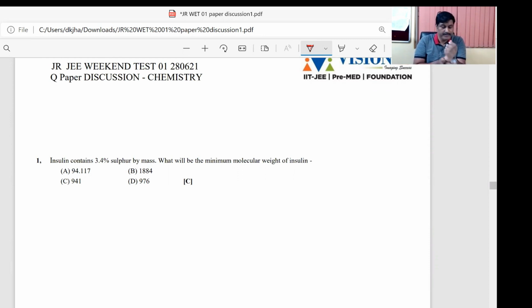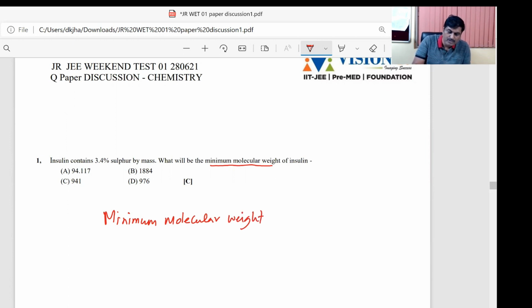Insulin contains 3.4% of sulfur. What will be the minimum molecular weight? You know, we already discussed this concept. The minimum molecular weight concept is based on the minimum number of atoms present in the molecule, right? So when you are finding minimum molecular weight, that is also based on sulfur.